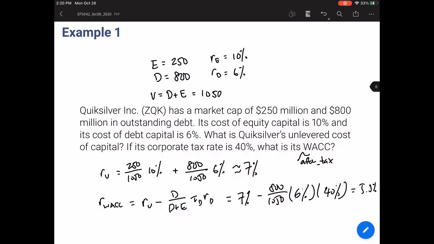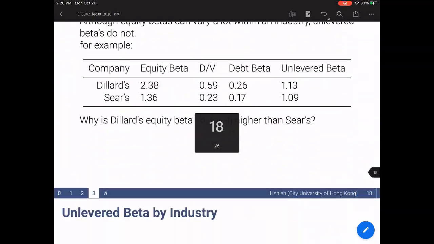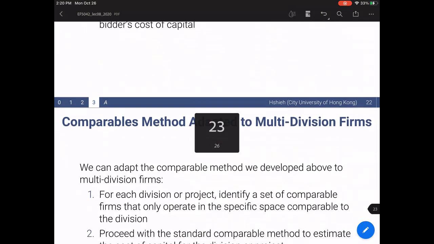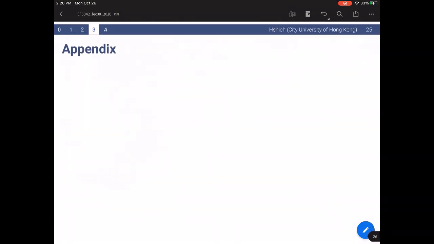So let me set up the problem first, and then once I go through the derivation step by step, it should be clear that if you define the cash flow to incorporate the tax shields and use the so-called pre-tax WACC, you're going to get the same value for the firm if you use our original free cash flow equation and discount it using the after-tax WACC. So let me skip to the appendix to do the derivation stuff. All right, so let's do this by hand.